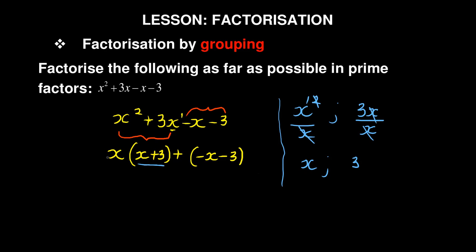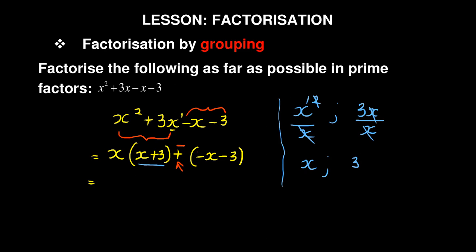Now when you have done that, you need to use that concept of the negative. The negative sign is the one that is making things look different, because in the first bracket you've got x plus 3, in the second bracket you've got minus x minus 3. So you introduce a negative sign, where there is the positive you put a negative sign. The moment you put a negative sign, everything inside the bracket, the signs will interchange.